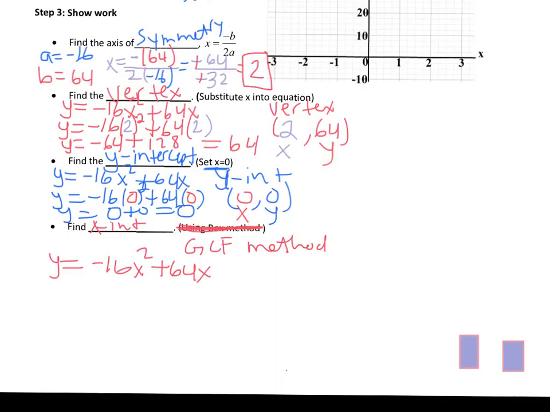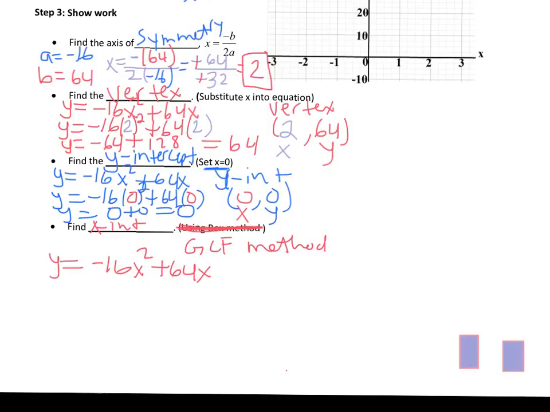Okay, so again, how the greatest common factor works is you look at your terms, negative 16x squared and 64x, and you ask yourself, what is the greatest common factor that these two terms have? Remember last time we prime factorized both of the terms, and then we found the greatest common factor. You can do that, but I'm just going to show you a quicker way by just looking at the terms.